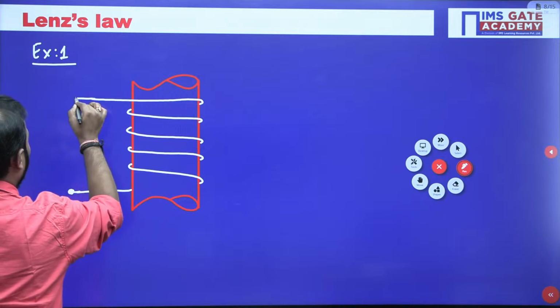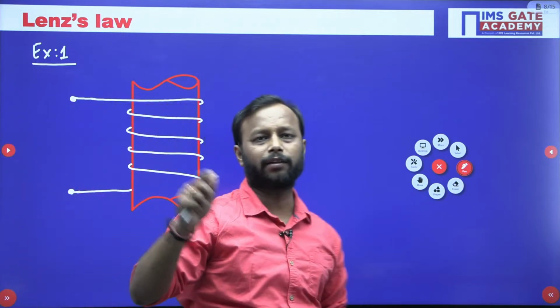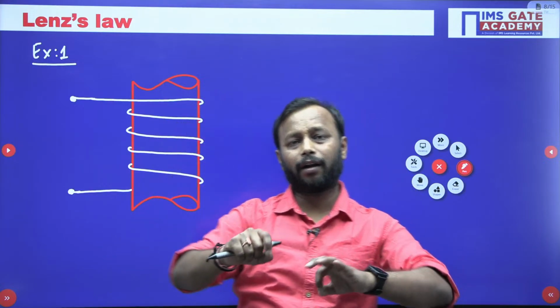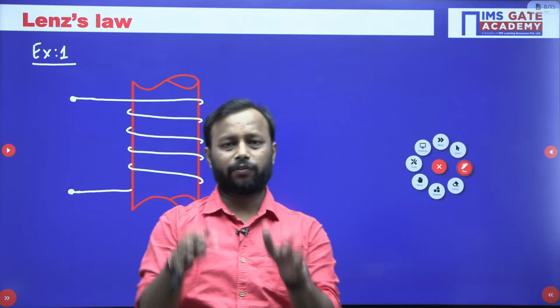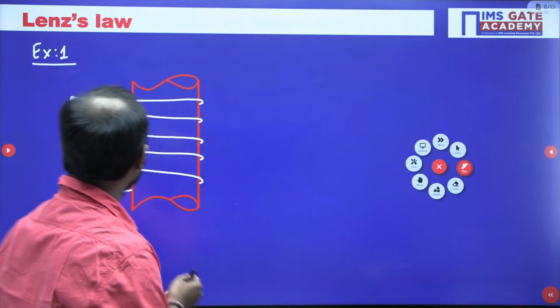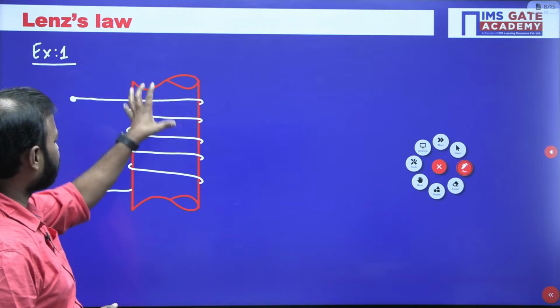It is very important to understand. If you understand this law very carefully, then you can understand the transformer by default, because the transformer working principle depends on Faraday's laws and Lenz's law. Okay, so this is an iron frame and a copper wire is wrapped around it.